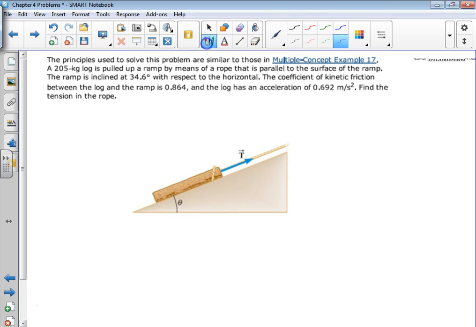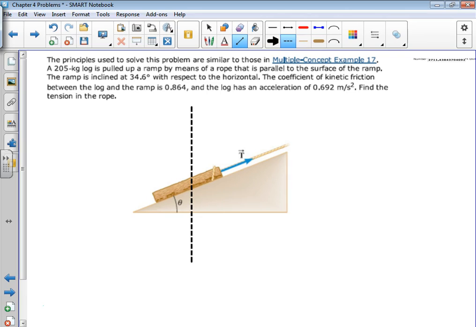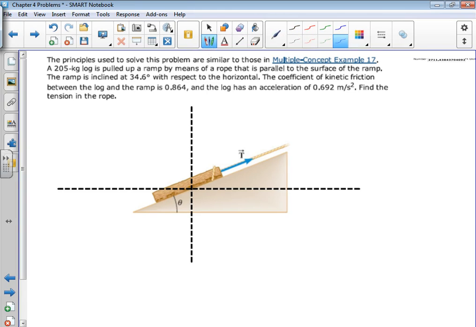Now, the other thing we have here is that if we use a regular coordinate system, in other words, a coordinate system where, say, this is my y-axis and this is my x, it will turn out that my acceleration, if there is an acceleration, is parallel to the ramp.